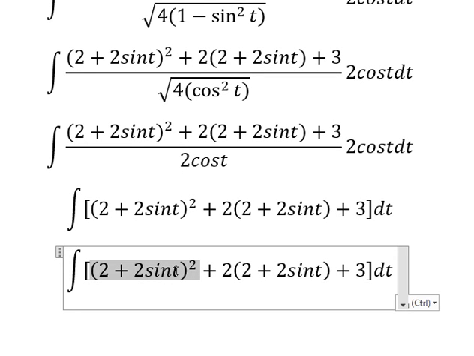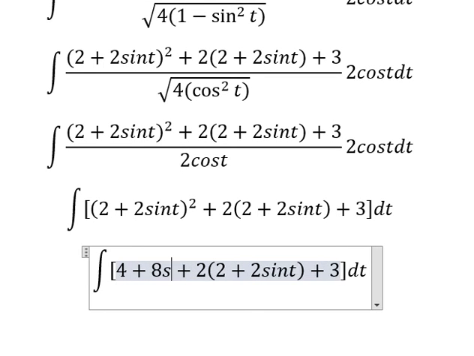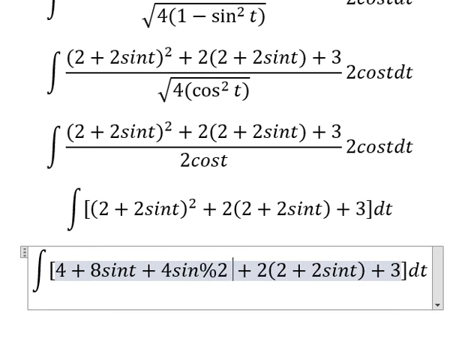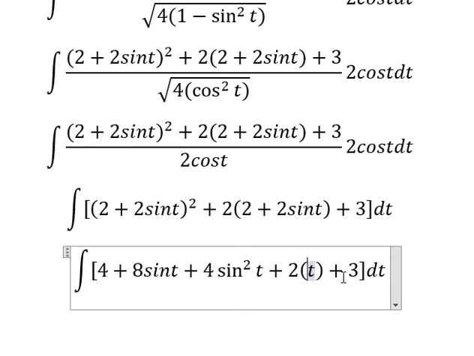So we need to expand this one. Number 2 with number 2 and number 2 sine t.